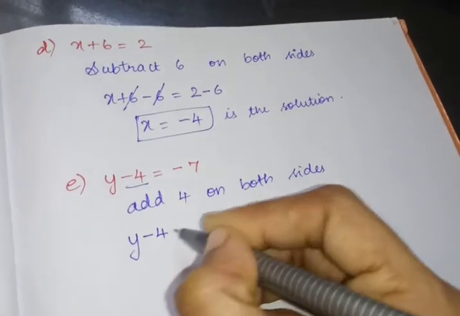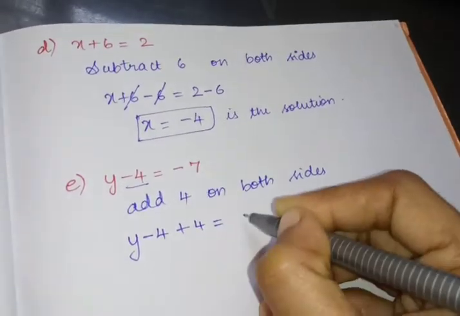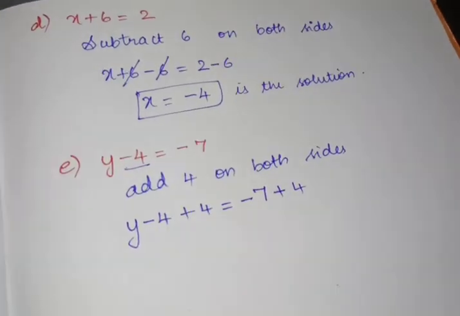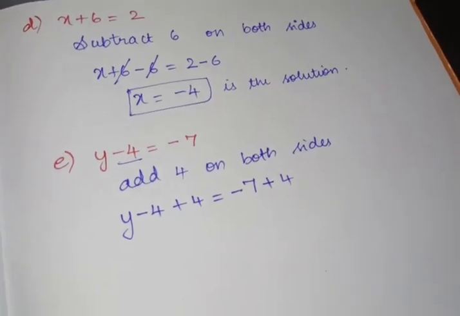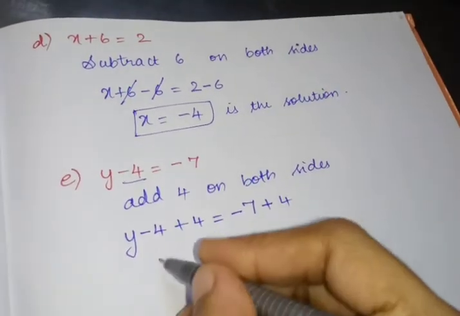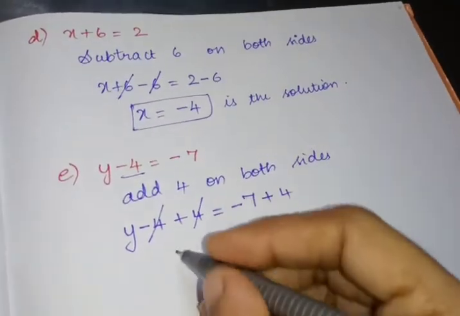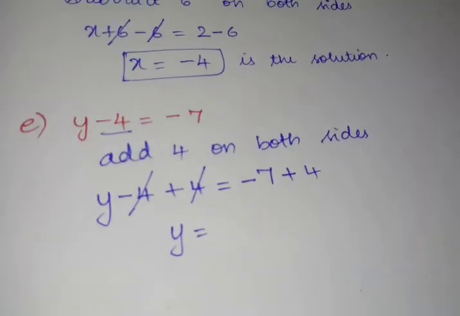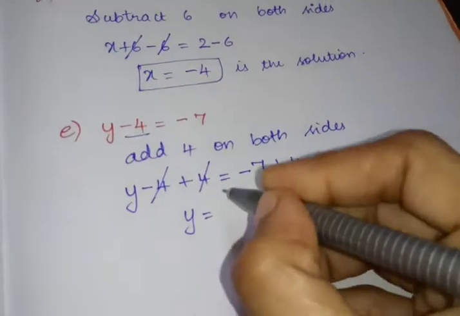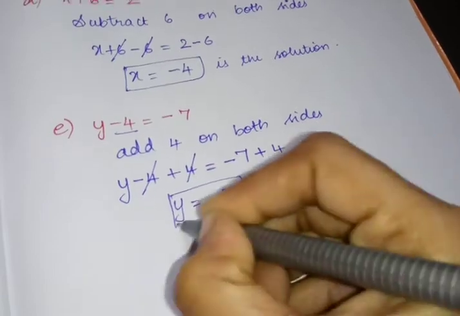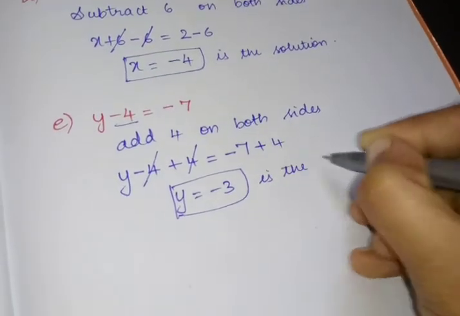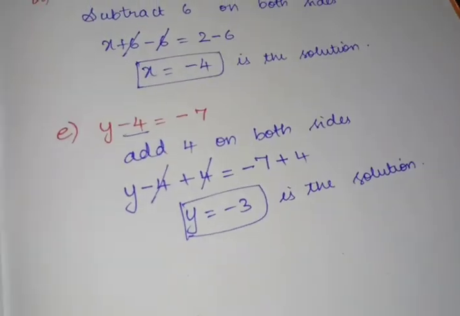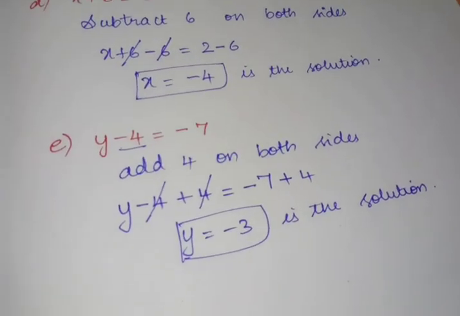So y minus 4 plus 4 is equal to minus 7 plus 4. Minus 4 plus 4 cancel. y is equal to minus 7 plus 4, which is minus 3. So y is equal to minus 3 is the solution of the given equation.